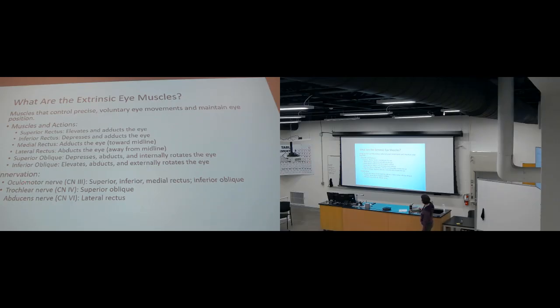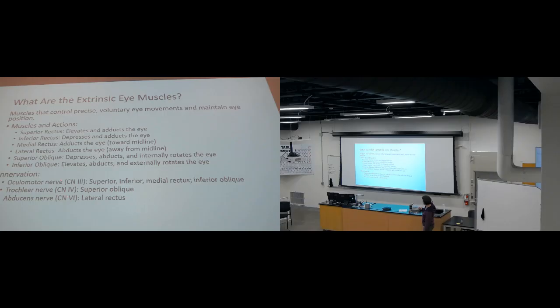So most of our extrinsic eye muscles are innervated by oculomotor nerve, cranial nerve. Remember, CN stands for cranial nerve. So cranial nerve number 3 innervates superior, inferior, and medial rectus. So 3 of the rectuses, plus the inferior oblique.